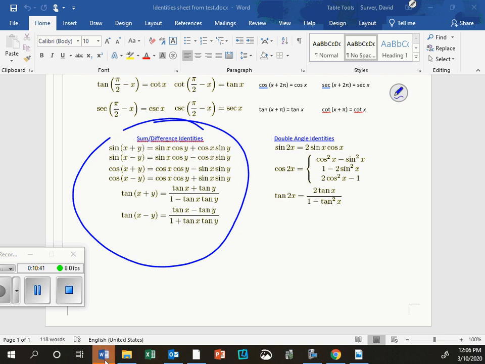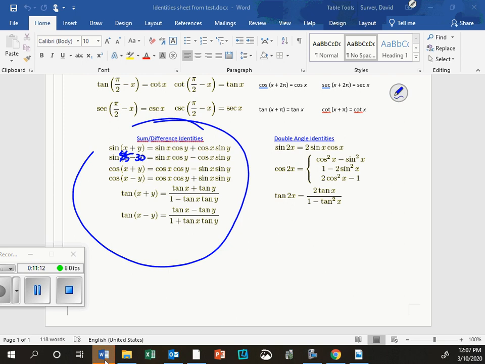Let's say that you have sine of 15 degrees. But for sine of 15, you actually wanted to break it into sine of 45 minus 30.